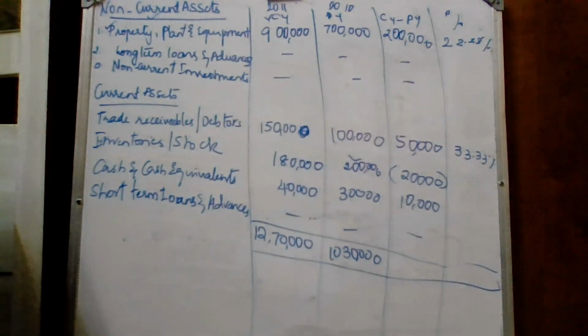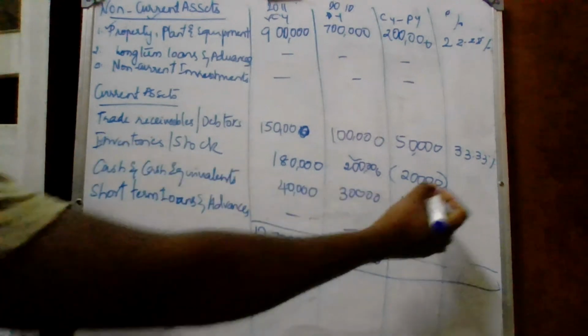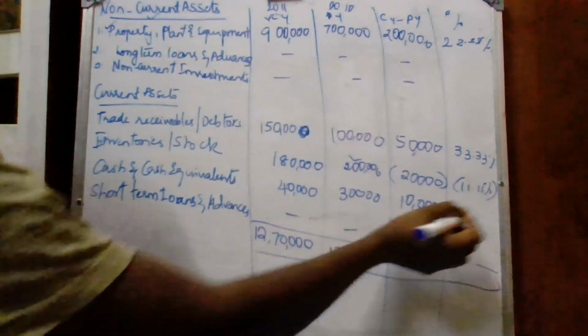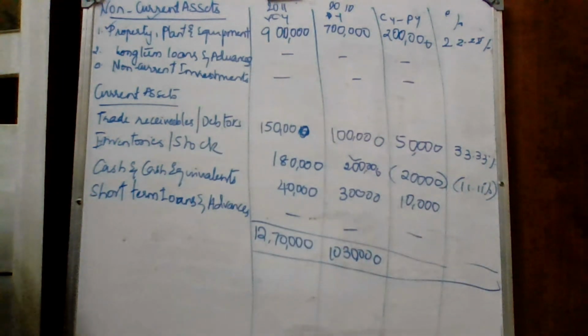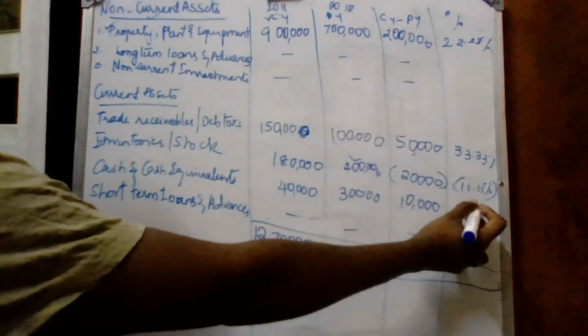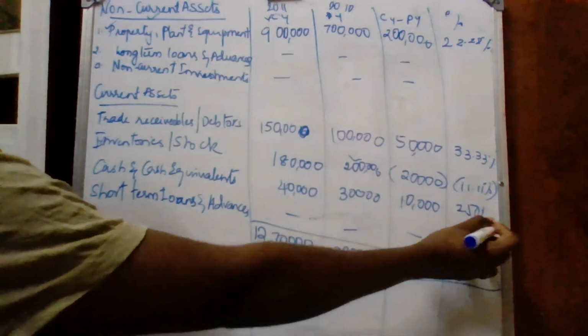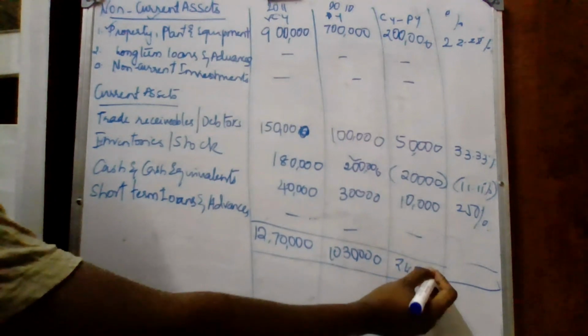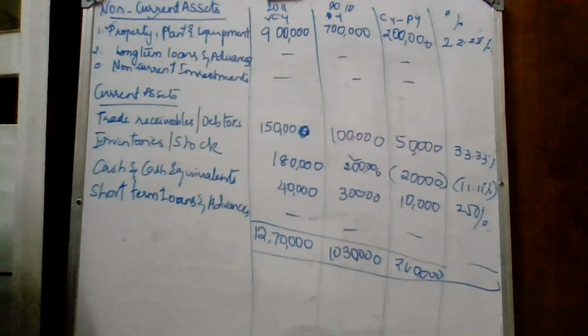That will be 11.11%. That is your negative. 10,000 divided by 40,000 into 100 is 25%. Here the differential is 2,40,000. 2,40,000 divided by 12,70,000 into 100. That will be 18.89%.